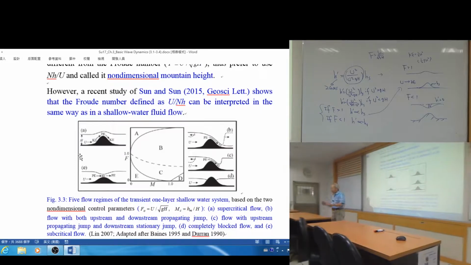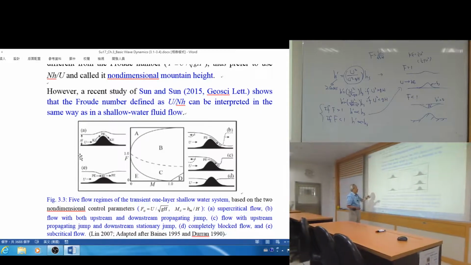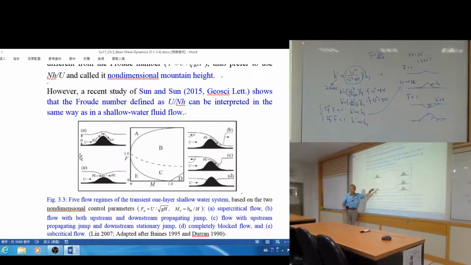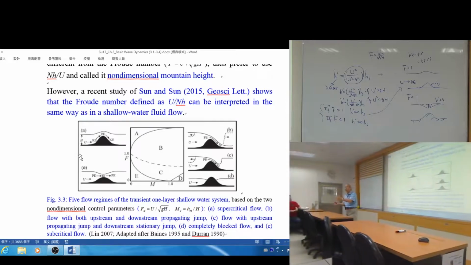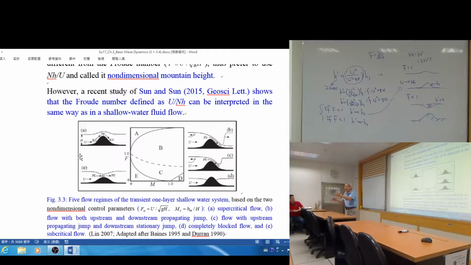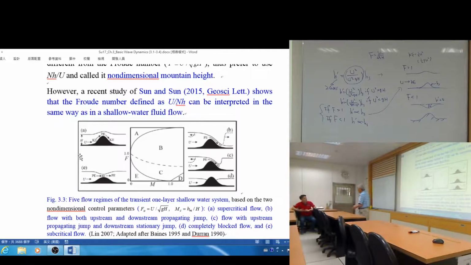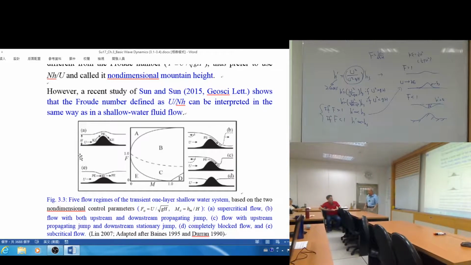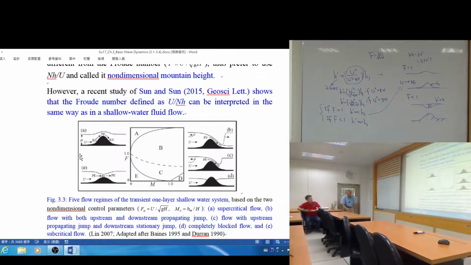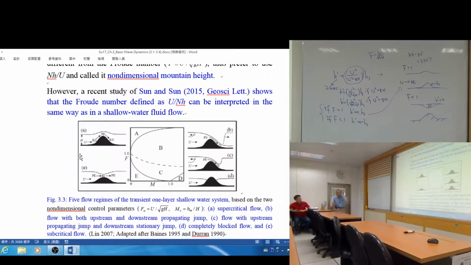Now how do you explain when you have the dip down? It's because when it comes in, your U is not strong enough. So you don't have enough kinetic energy to climb over the mountain. So what's going to happen? Here's the bottom topography. Say I'm a flow particle coming to here.